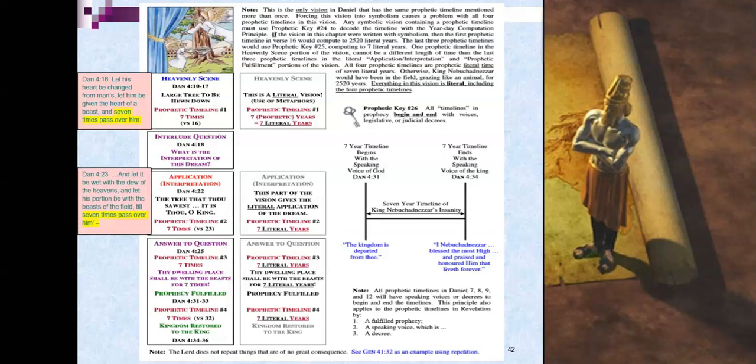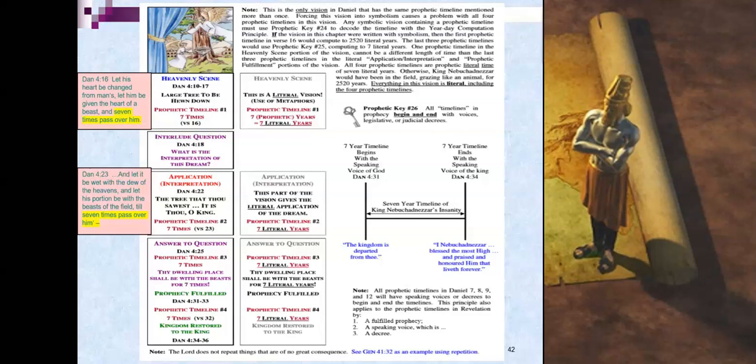And after the interlude question, in the application interpretation, it's listed in Daniel 4:23, sorry. And let it be wet with the dew of the heavens, and let him be with the beast of the field till seven times pass over him.